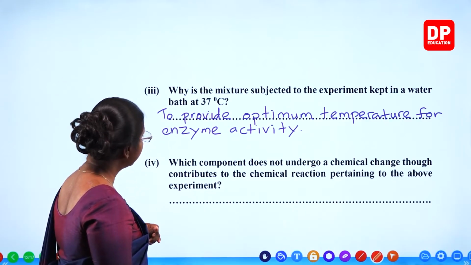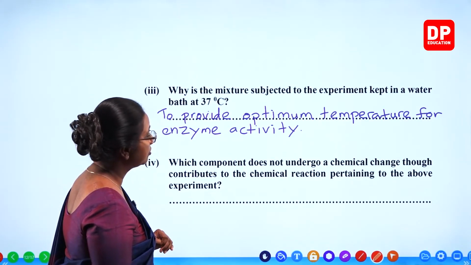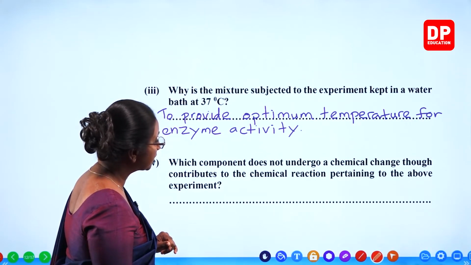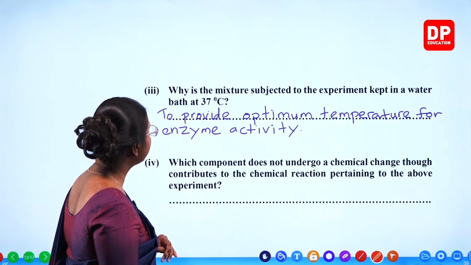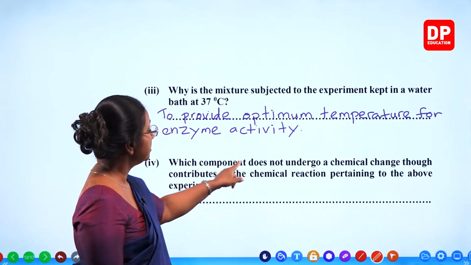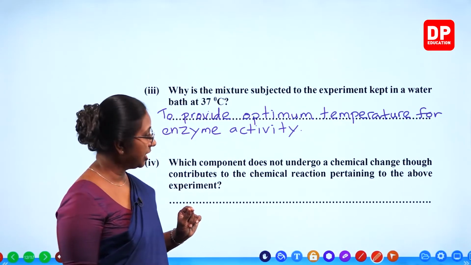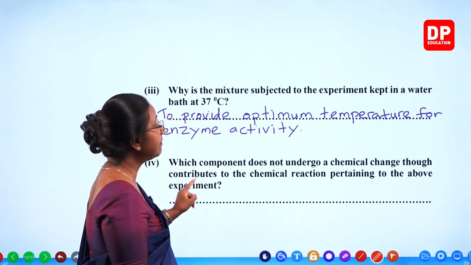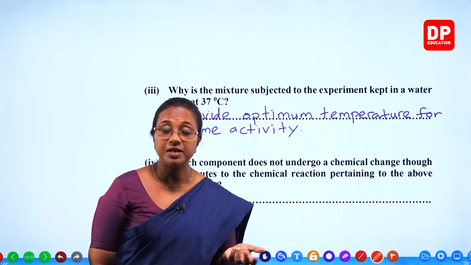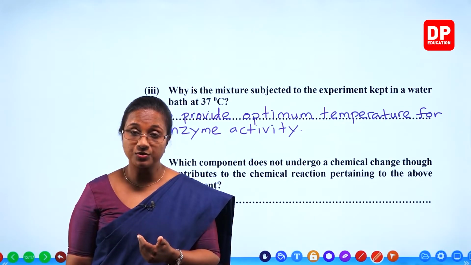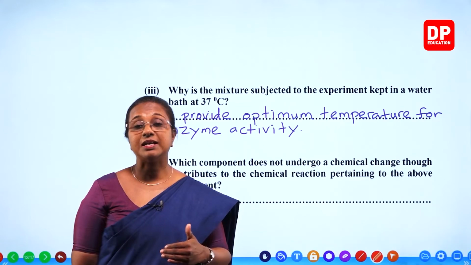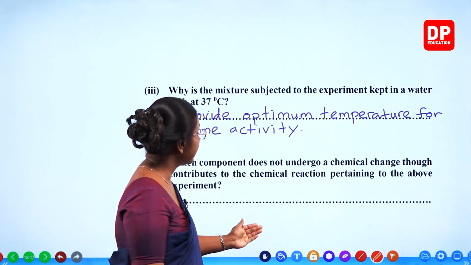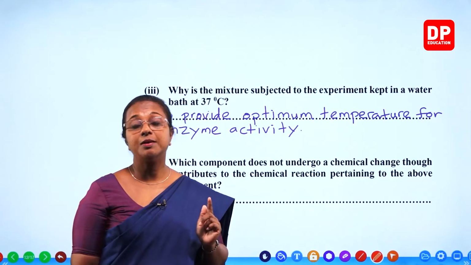Then the fourth one, which component does not undergo a chemical change though contributes to the chemical reaction pertaining to the above experiment? So in the above experiment, starch is converted to maltose. That is catalyzed by the biological catalyst, that's the enzyme amylase. Now enzymes, they do not undergo a chemical change.